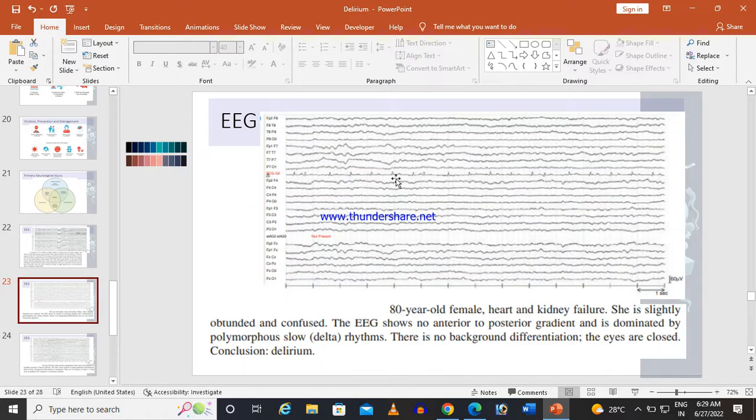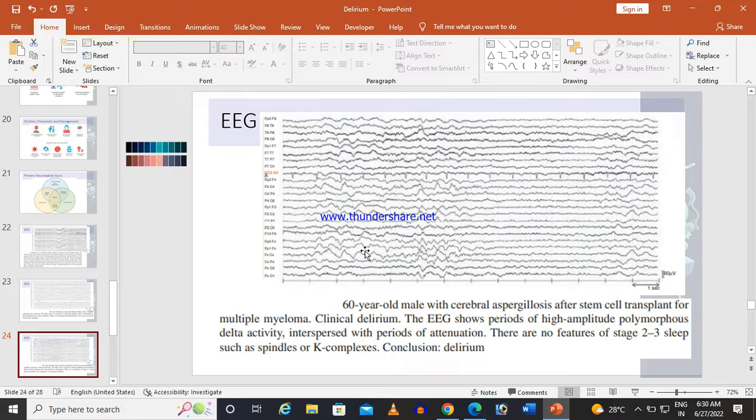But here you see this is an EEG of a patient who is suffering from delirium. So you see there is no anterior and posterior gradient, and there is no background differentiation here. So this is an abnormal EEG, and this is due to delirium.